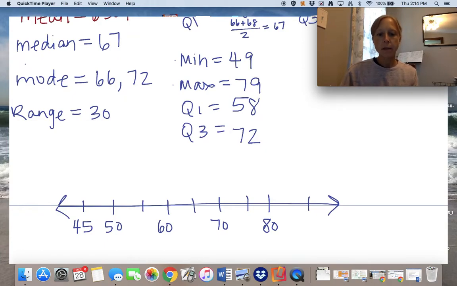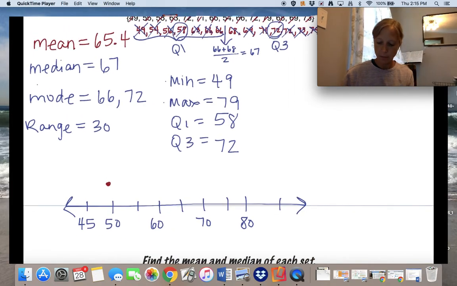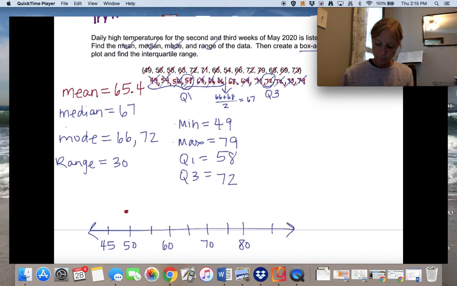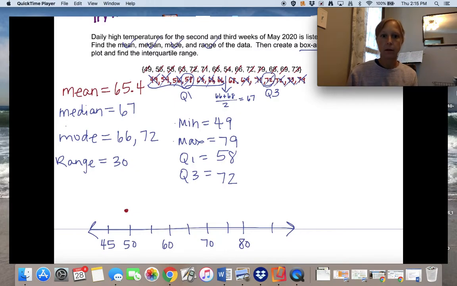And it's best practice to draw your box and whisker plot on top of your number line. So I'm going to put points for my 5-number summary. I'll have a point for my 49. And I guess I should use the word above your number line, not on top. Okay.